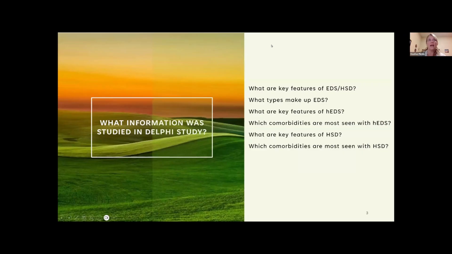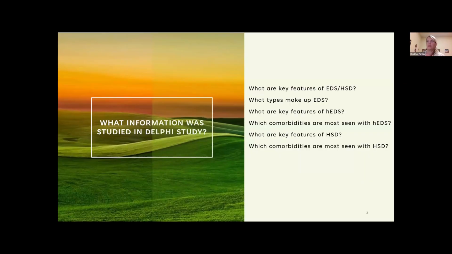Okay, next slide. So they did a big study called the Delphi study, and that was a survey that went out to experts in the field. So physicians and allied health providers that are part of the international consortium were all asked these questions. What are the key features that we all think make up EDS or hypermobile spectrum disorder?